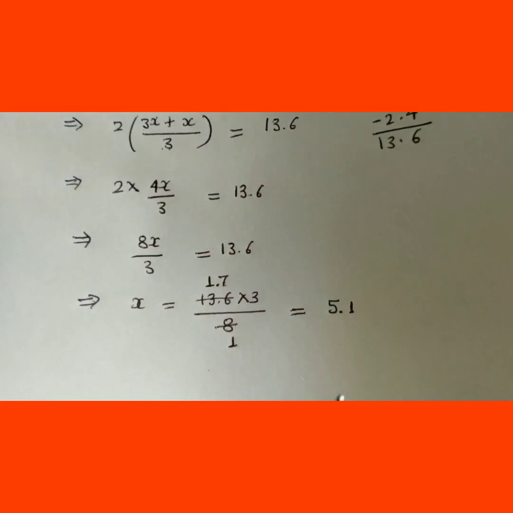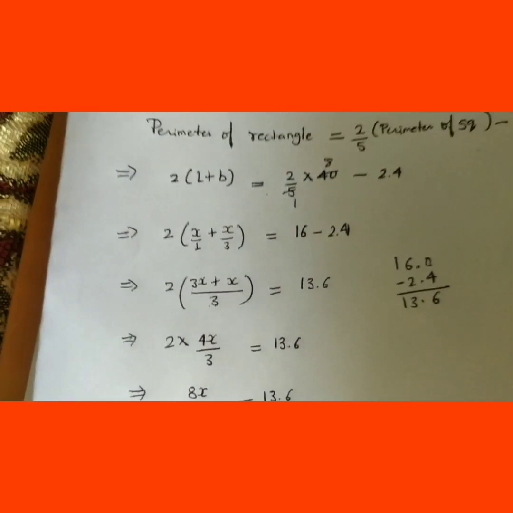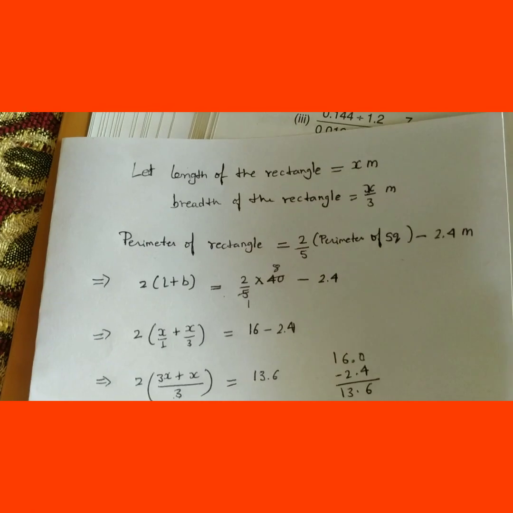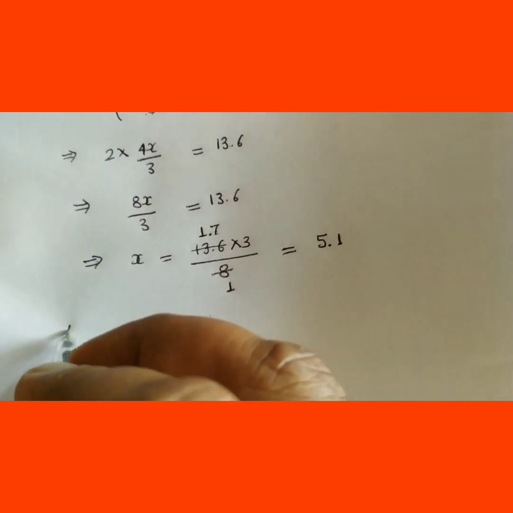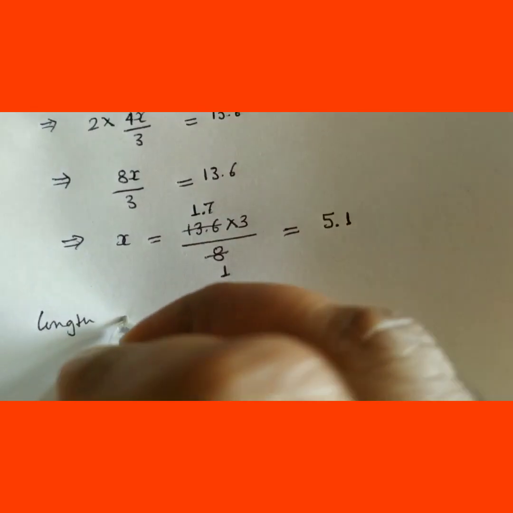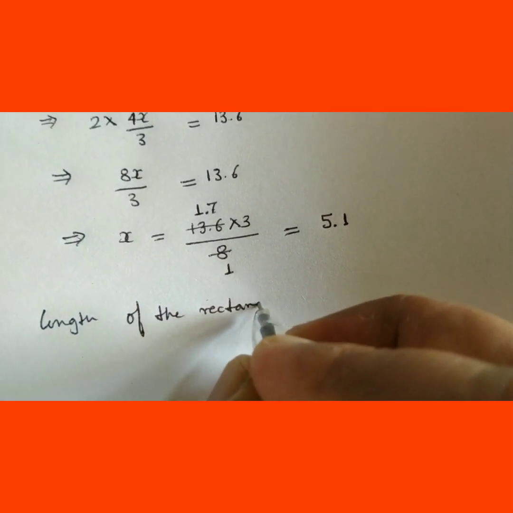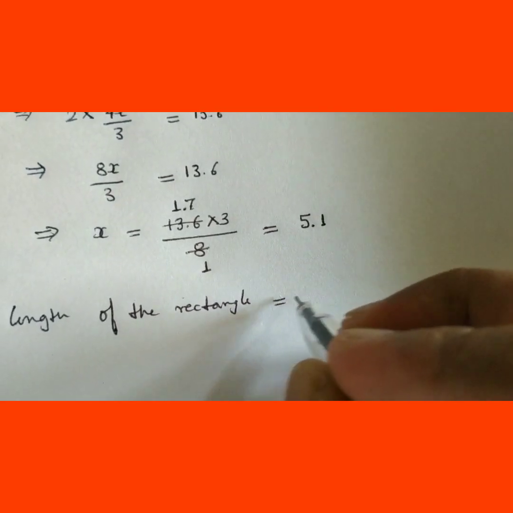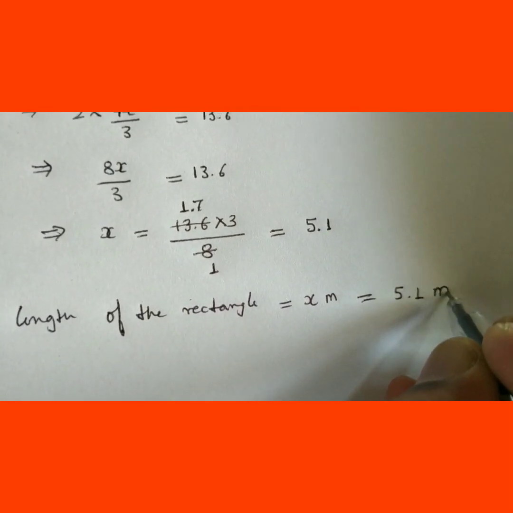So we have found the value of x. Now length of the rectangle is x meter and breadth is x by 3 meter. So length of the rectangle is equal to x meter is equal to 5.1 meter.